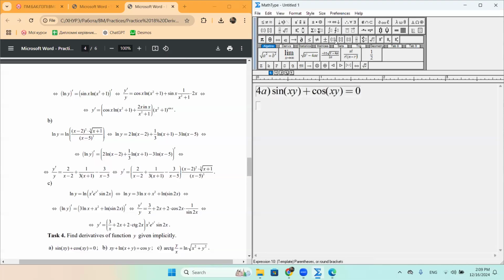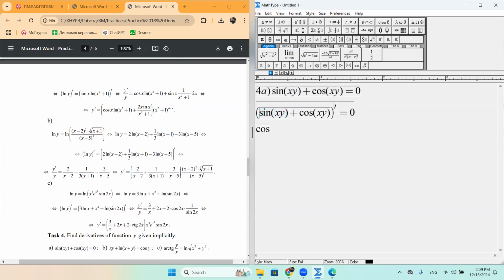Okay, let me remind you. We just need to differentiate both parts of this equation. The right part of the equation is 0, so the derivative of 0 is definitely 0. Now differentiating sine of xy.